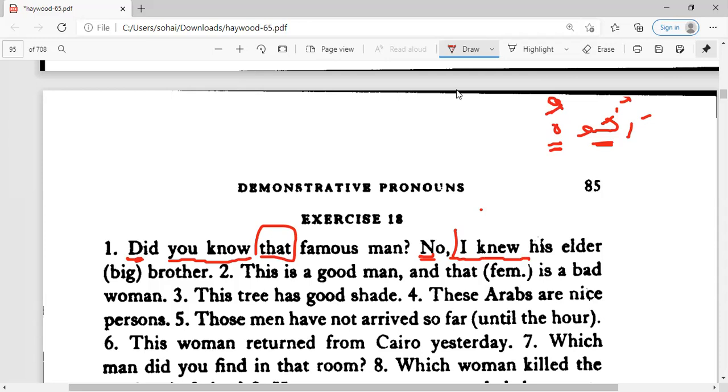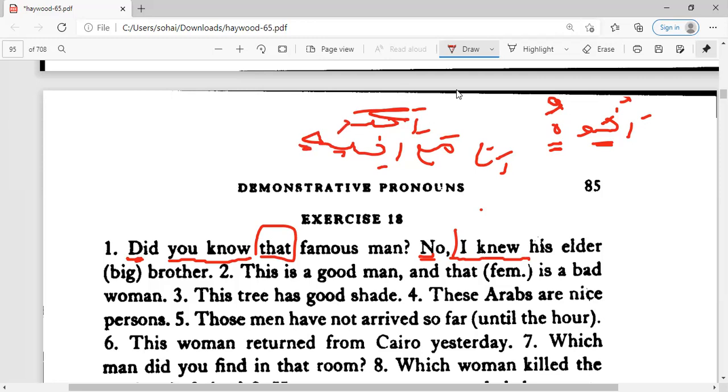It's called mabni, indeclinable. It doesn't change at all. Sometimes it's like if you have akhihi. So if you want to say ana, I am, with ma'a akhi, he.